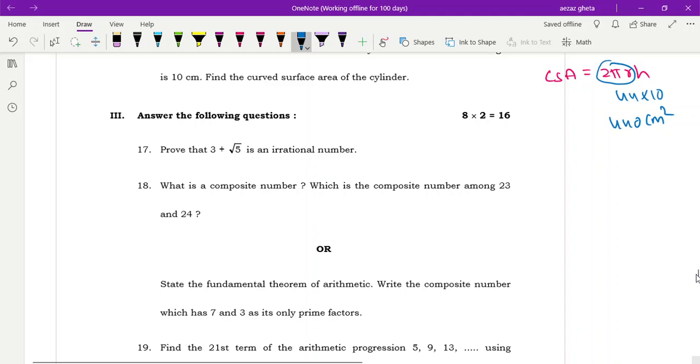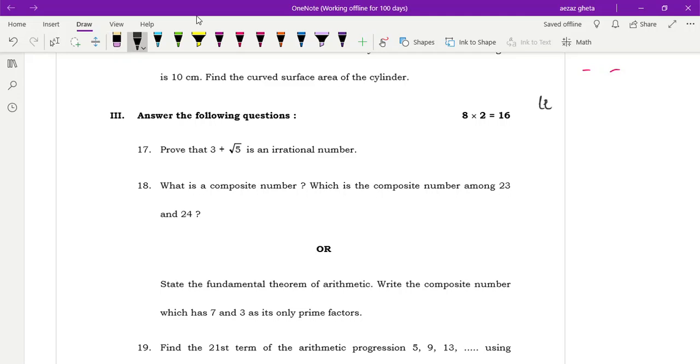So you have to begin with, let us assume. Here I will write from where you will start. Let us assume 3 plus root 5 is a rational number.